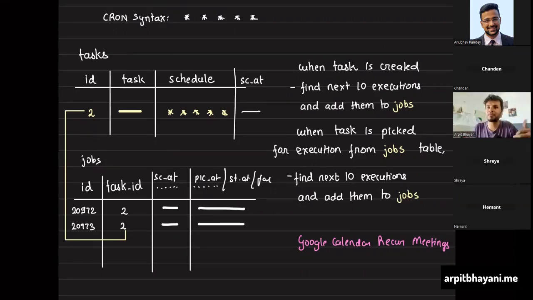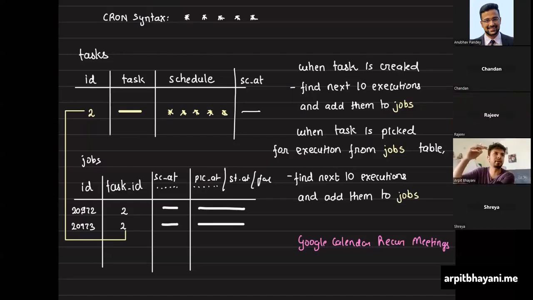So have a buffer for yourself. Adding just one iteration after that is risky. Adding multiple iterations gives you that buffer in case your picker is down for some reason, because task execution is important. The customer cannot say, because my picker is down, or due to any outage, you are not able to run that thing.